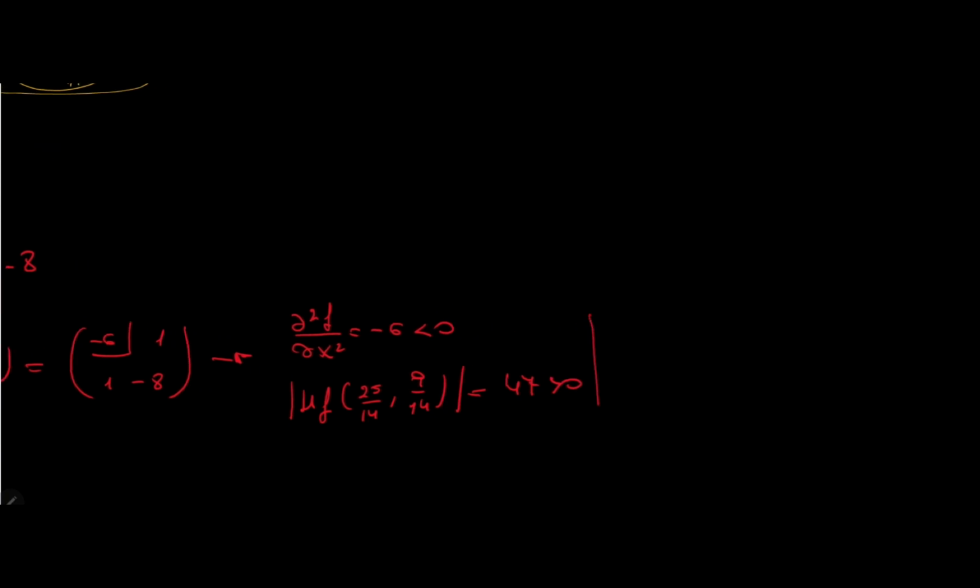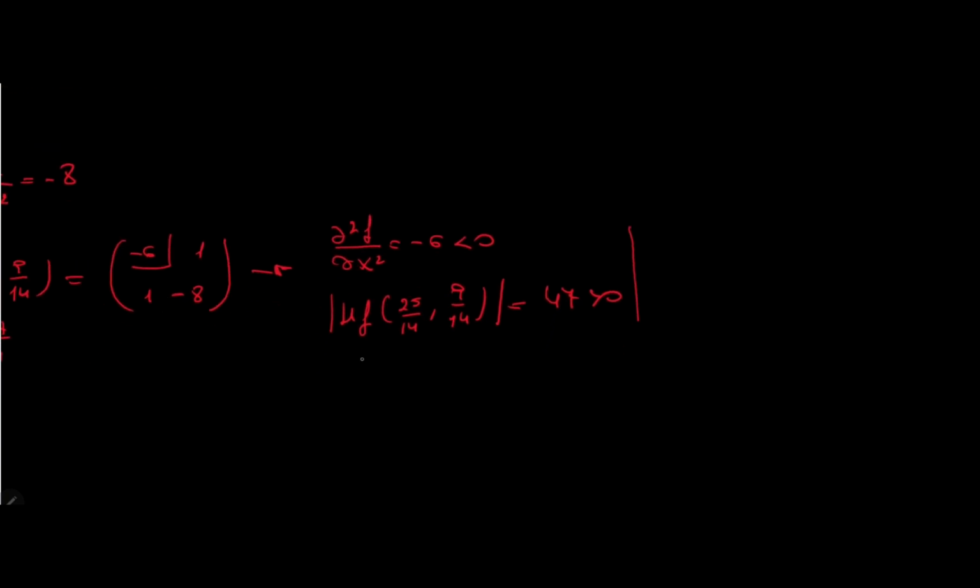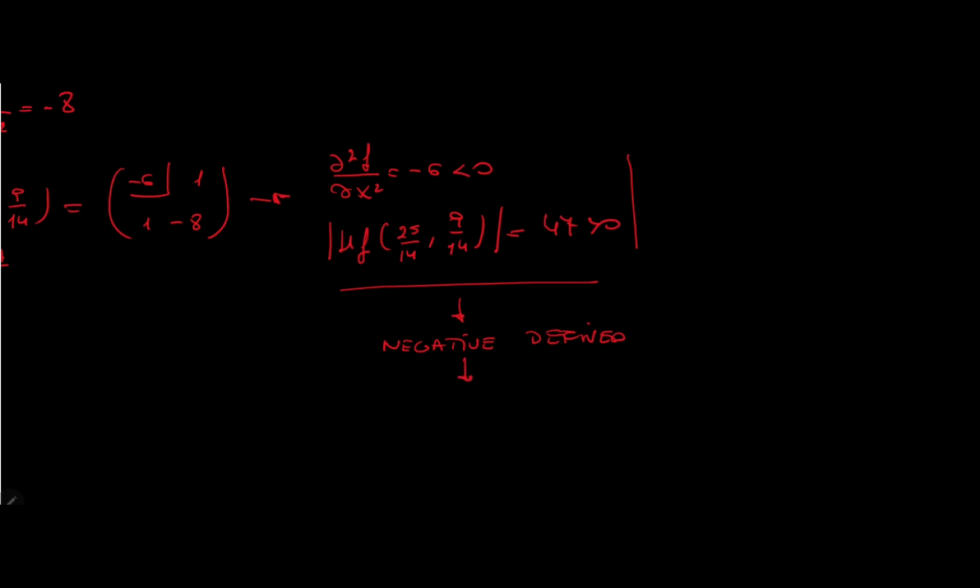So negative, positive means that we have a negative definite Hessian matrix, so if it's negative definite, that means that the critical point is a local maximum.